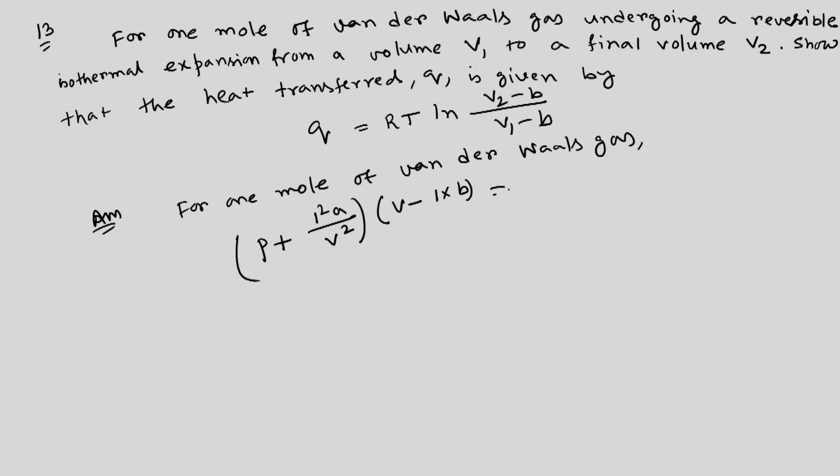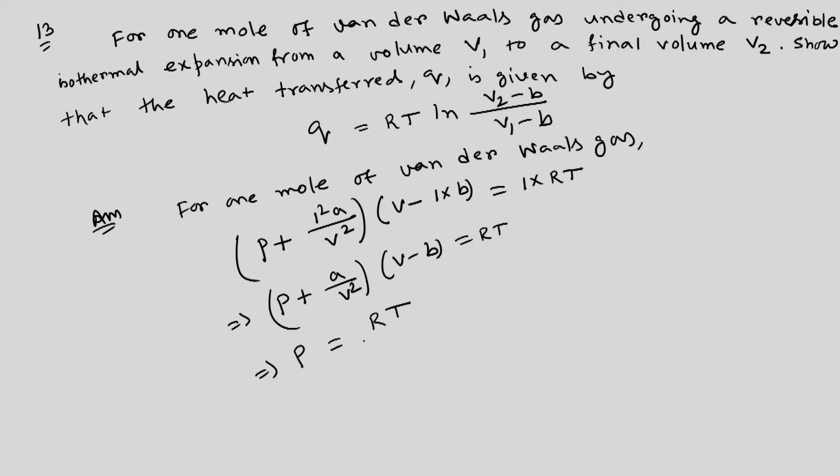So for 1 mole, the equation of state is P plus A by V square times V minus B equals RT. So we get P is RT by V minus B minus A by V square. This is the expression for pressure for 1 mole of van der Waals gas.